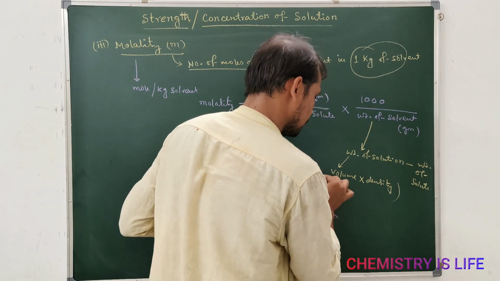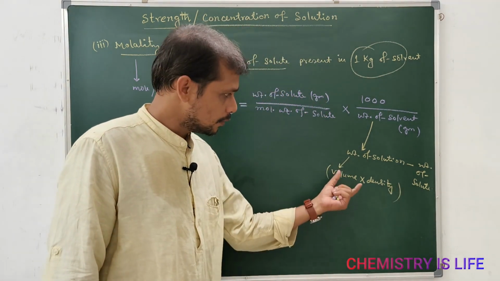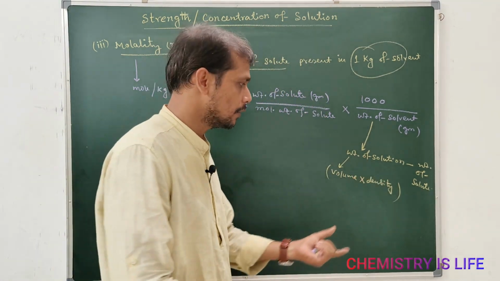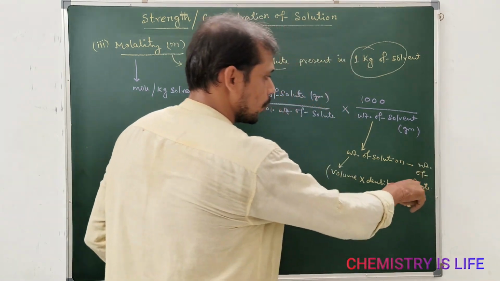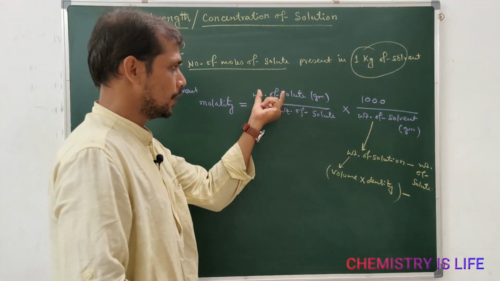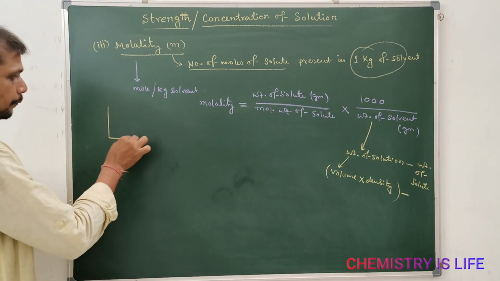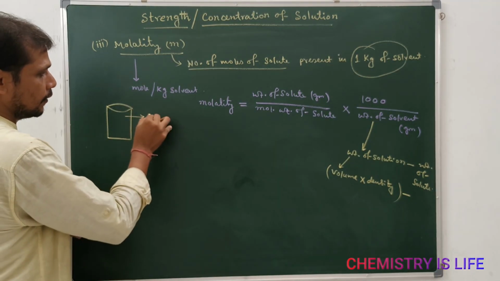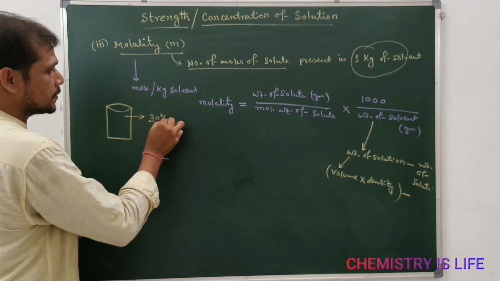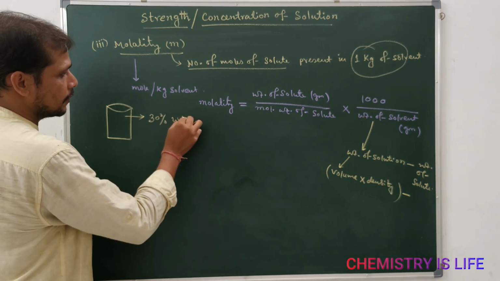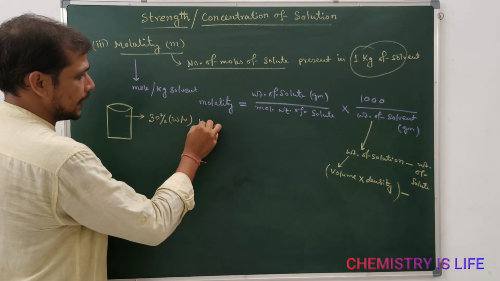Volume multiplied by density of the solution will give the weight of the solution, and minus weight of the solute. Let me give an example. Let's take a solution written as 30% W by V HNO3 solution.